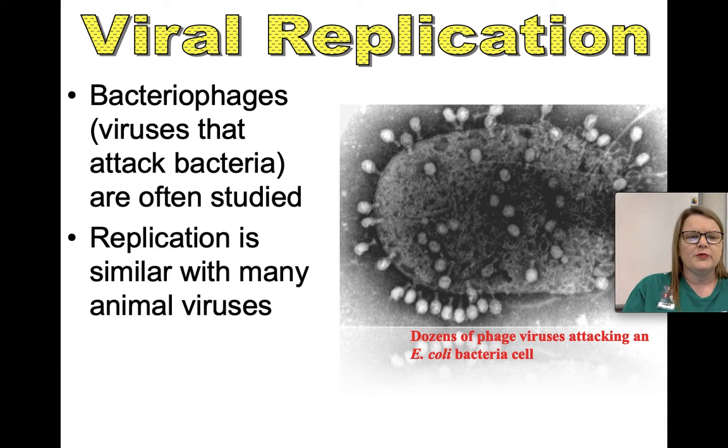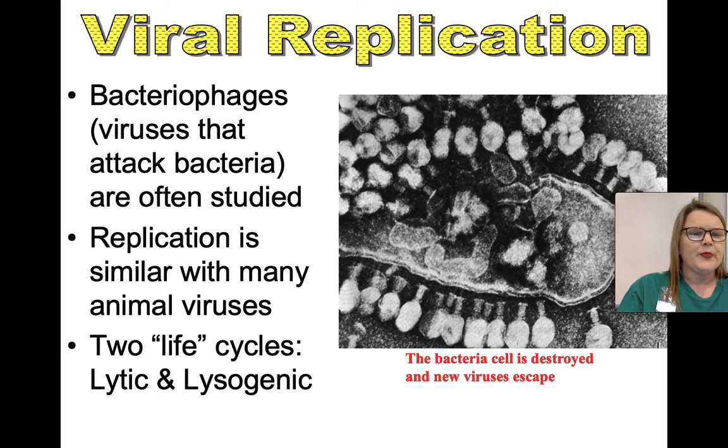Replication is similar with many animal viruses, and bacteria tend to reproduce several generations much quicker than a lot of other organisms, so it makes them something that's ideal to study. The virus will have two, in quotations, life cycles, again, because it's not totally considered alive. It functions, but it's not technically alive. The life cycles that they have are the lytic and lysogenic.